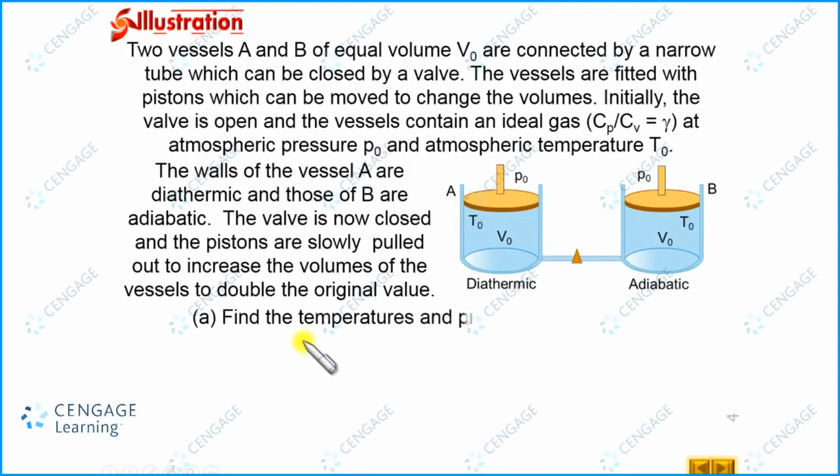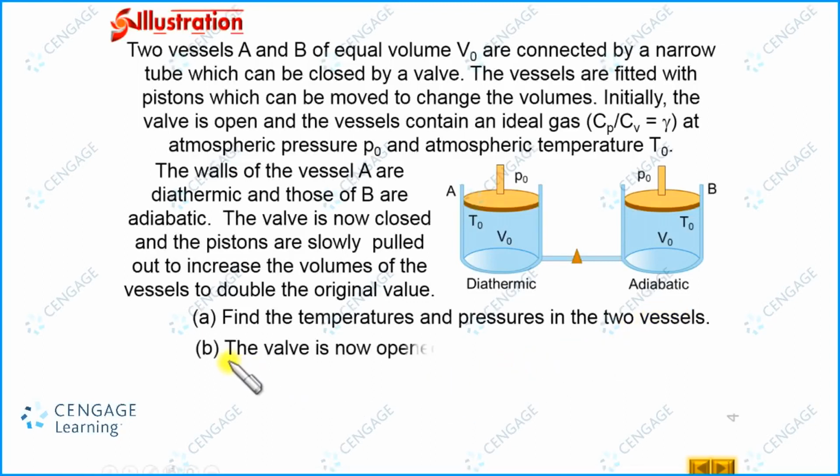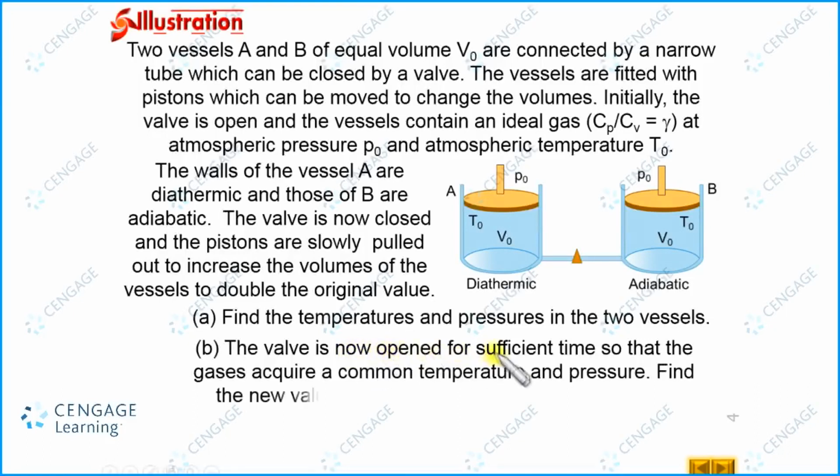In the first part of the question, we need to find the temperature and pressure of the two vessels, and in the second part of the question, it is given the valve is now open. That means this valve is again open for a sufficiently long time, so that the gas acquires a common temperature and common pressure. Find the new value of the temperature and pressure in this case also.